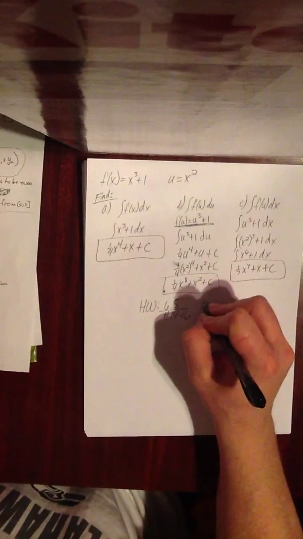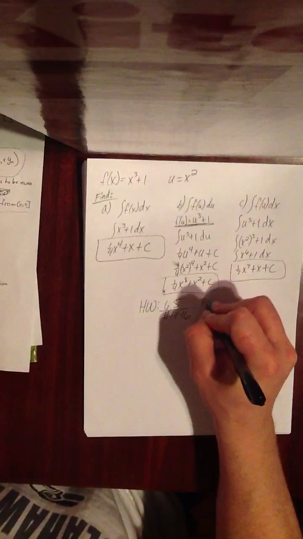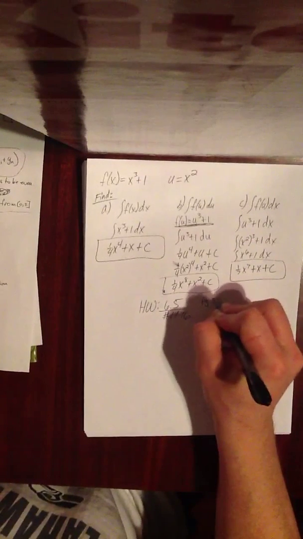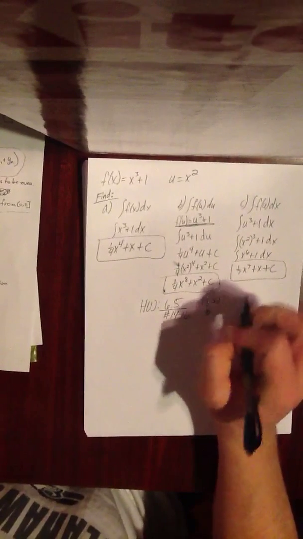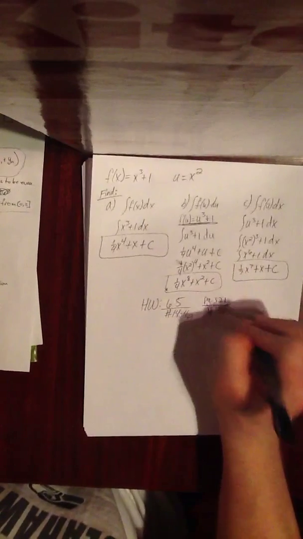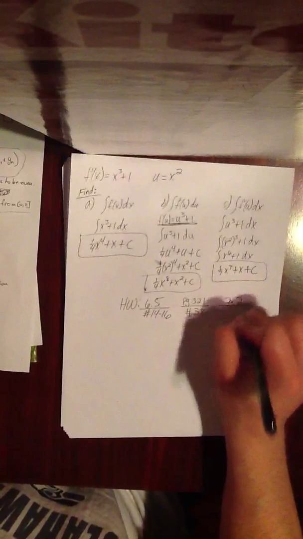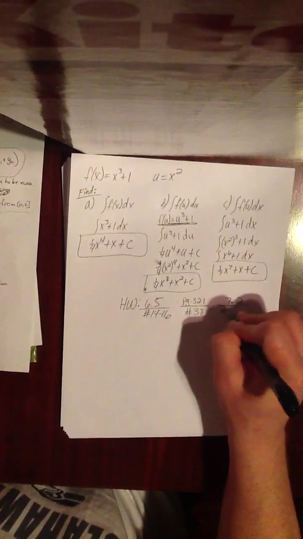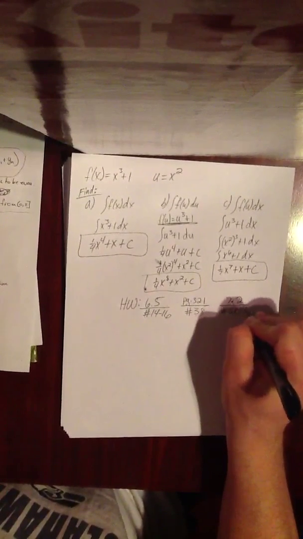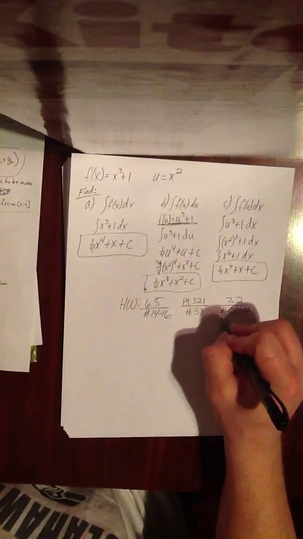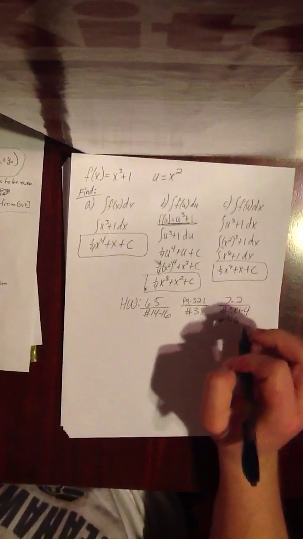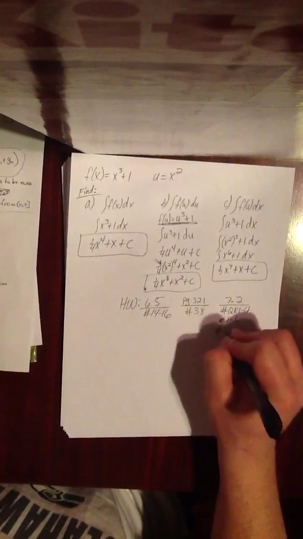Also do, it's in the chapter 6 review exercises, on page 321, number 38. And also 7.2, quick review numbers 1 through 4. Numbers 1 through 6 and 17 through 20.